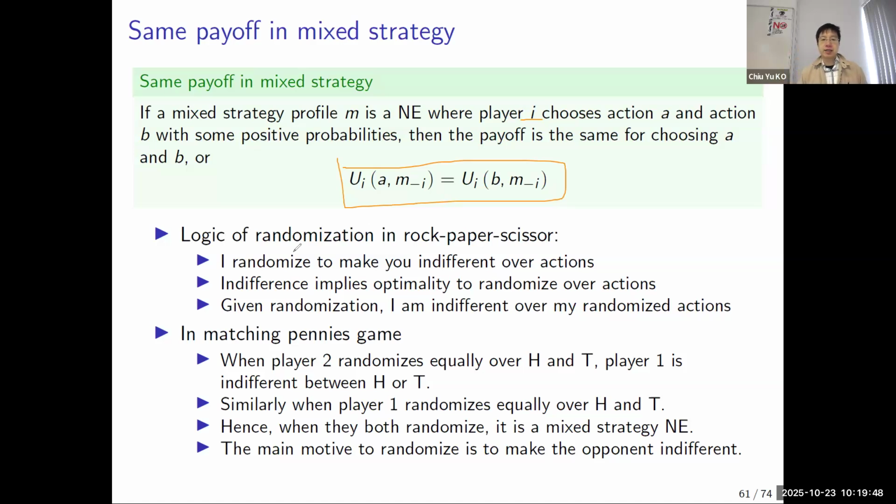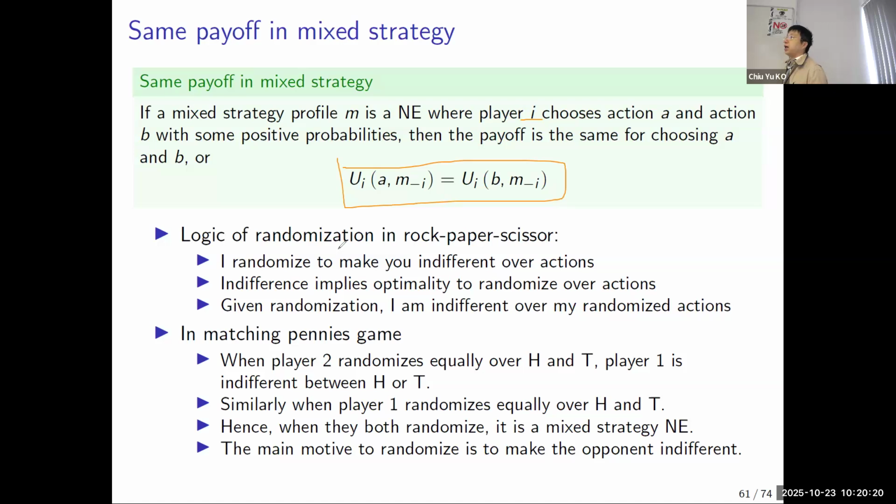The same idea is why, when I play rock, paper, scissors, I randomize between the 3 actions: because the 3 actions are the same to me. If I know rock is always better, why would I not choose rock, right? If I choose rock, paper, and scissors, each with some positive probability, it must be the same utility to me.